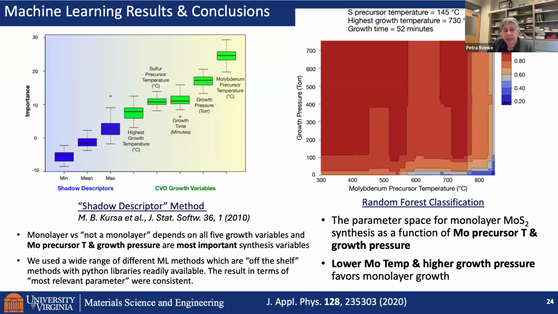So a random forest classification is one way which could get you there. It gives you a map which ties two things together. One thing is the outcome, which is color-coded here, a single layer or not a single layer, and it ties the two most important growth parameters to the outcome, like precursor temperature and growth pressure.